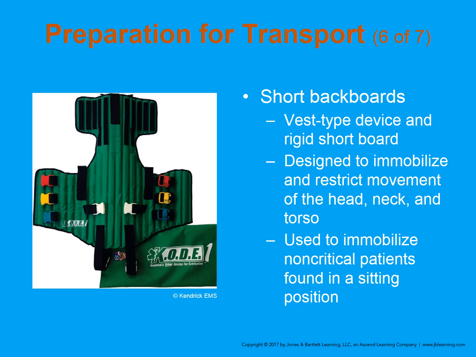So M is middle, B is bottom, L is legs, H for head, T for top. Now, the problem with that is when I review the National Registry order of applying the straps, it's actually different. So I'm kind of modifying that.